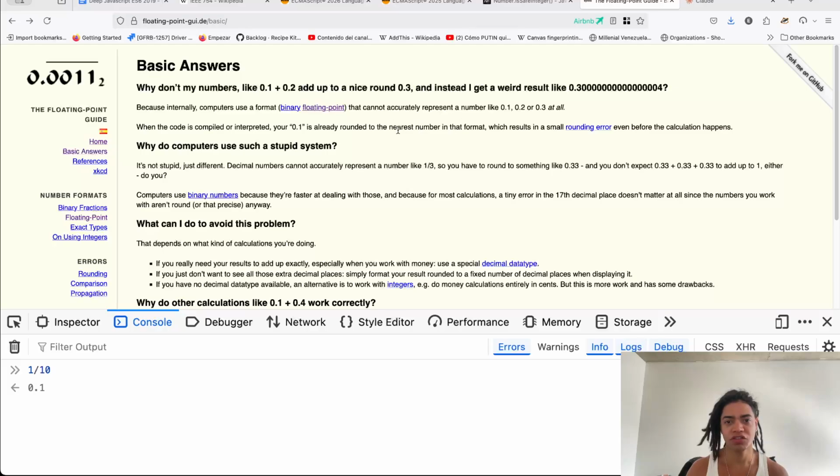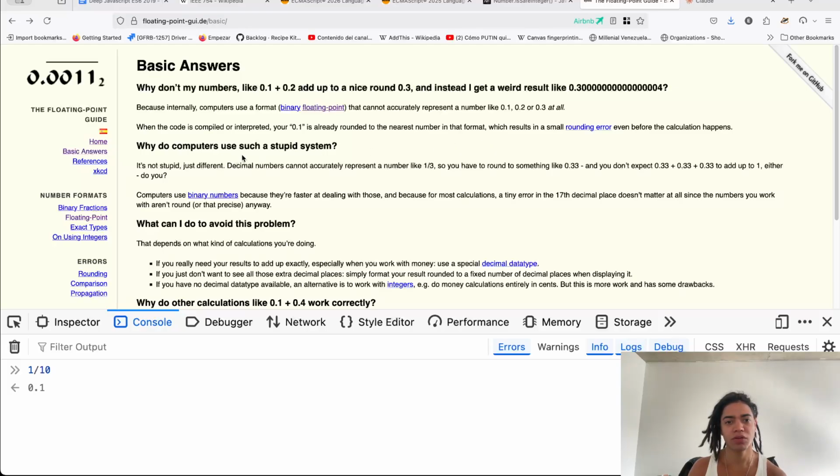Whether it's a compiled or interpreted programming language or computer, because our memory is limited, we can't represent 0.1, 0.2, and 0.3 accurately. So we have to round them, which results in a small rounding error, even before the calculation happens.